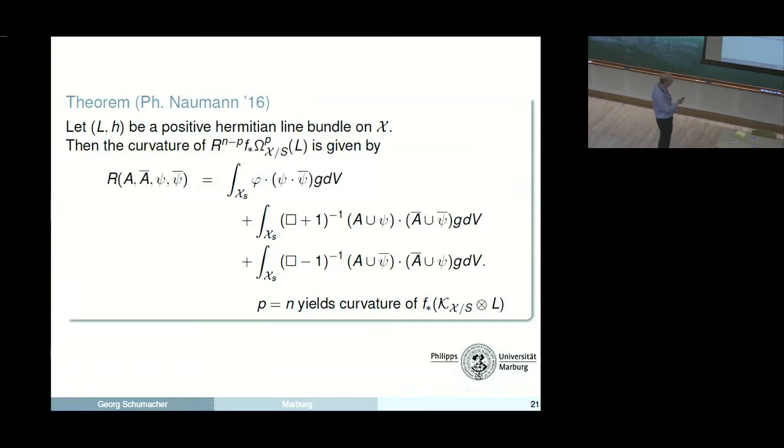The function phi is actually positive, or say positive definite if we look at the whole matrix, if the line bundle is not relatively positive, but as it is stated here, positive on the total space.